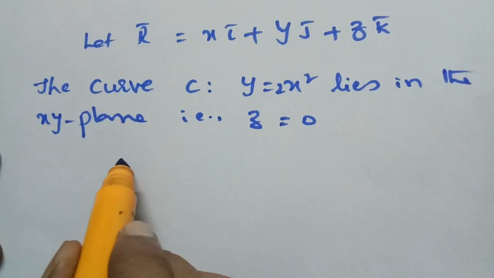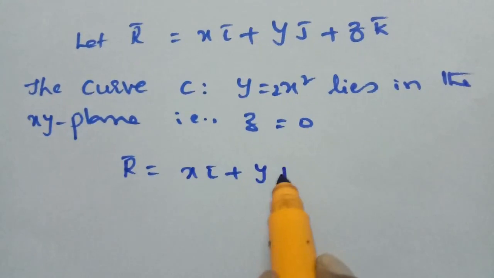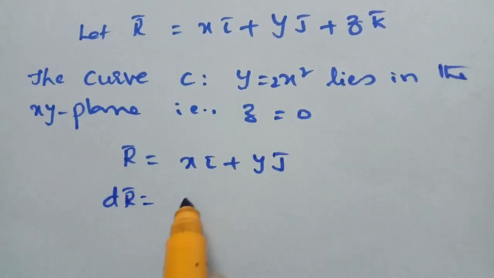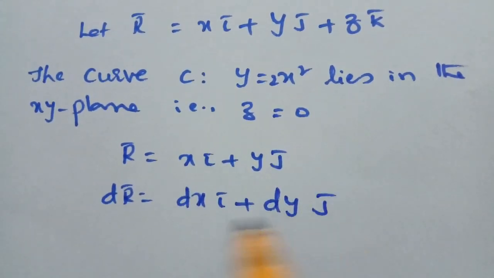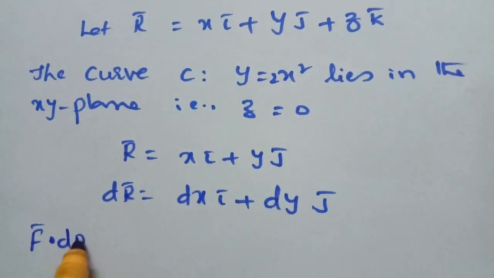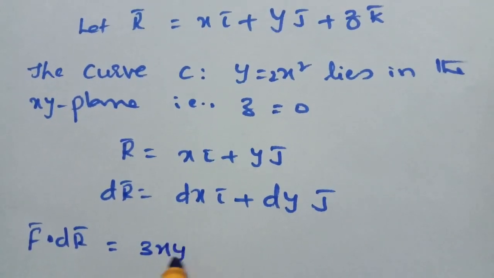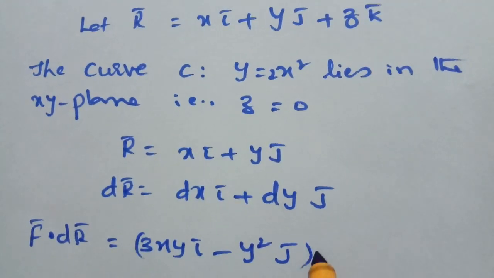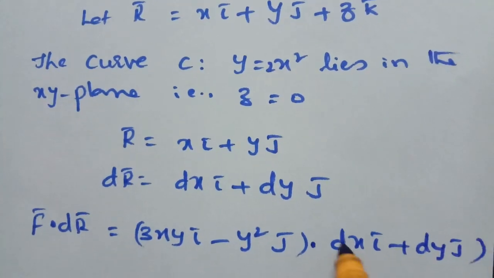Therefore r bar is equal to xi bar plus yj bar. Therefore dr bar is equal to, differentiating on both sides, dx i bar plus dy j bar. Therefore the dot product f bar dot dr bar is equal to (3xy i bar minus y square j bar) dot (dx i bar plus dy j bar).